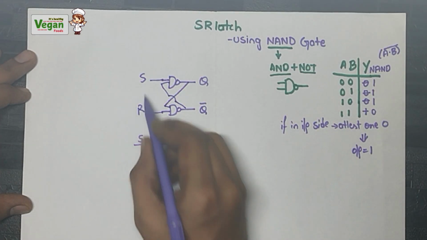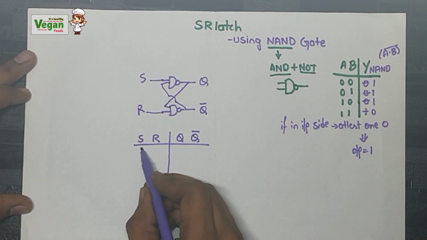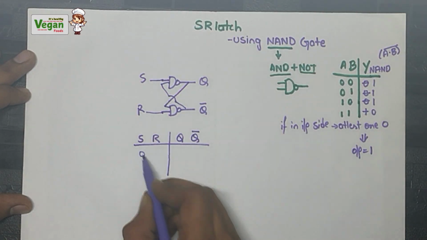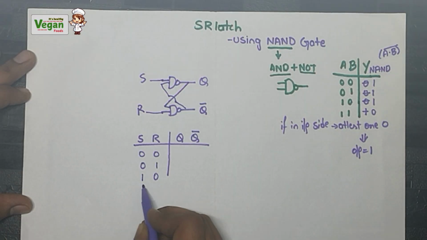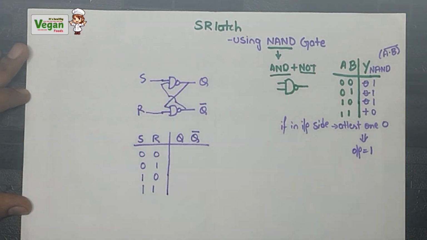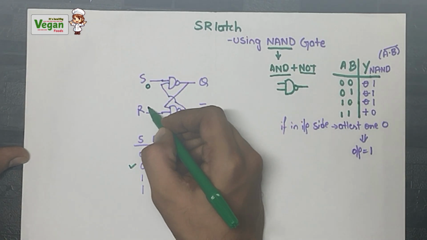Now let's design the truth table for the SR latch using NAND gate. S and R are the inputs and the outputs are Q and Q bar. Since we have two inputs, the combinations will be 0 0, 0 1, 1 0 and 1 1. Let's consider the conditions one by one. First, S value is 0 and R value is 1.